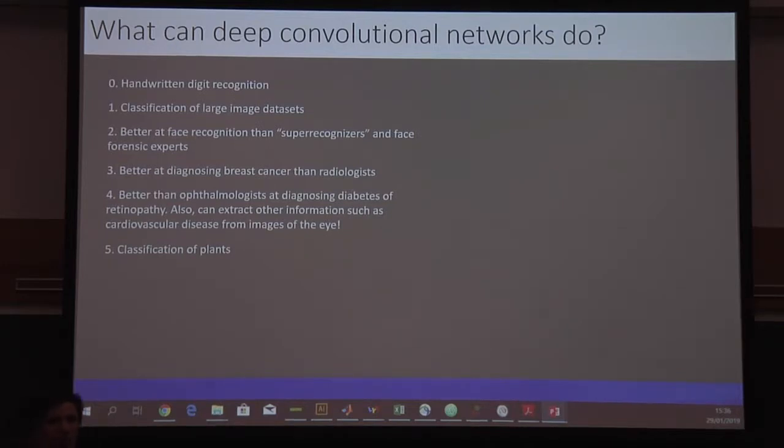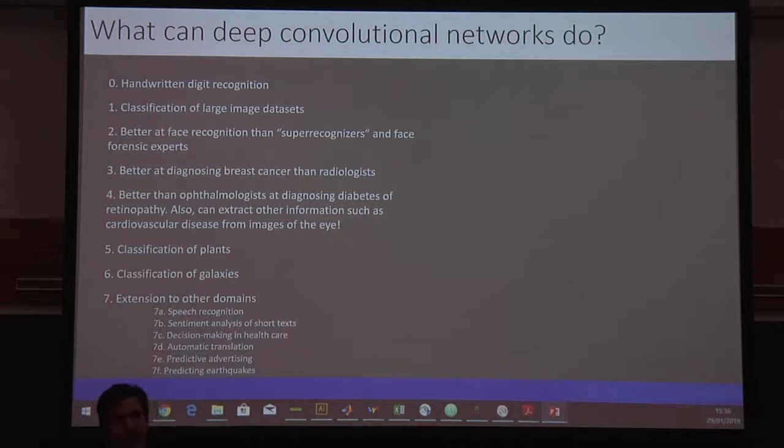People are using this for classifying plants in zoology better than expert zoologists, and for the classification of galaxies for astronomers. And many of these approaches have gone well beyond the visual classification domain. If you change the input pattern, if instead of using that RGB input you use other types of information, you can use these types of networks for speech recognition, for sentiment analysis, for predictive advertising, for predicting earthquakes, and for a wide variety of other problems.